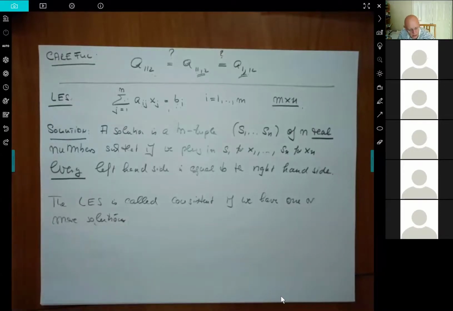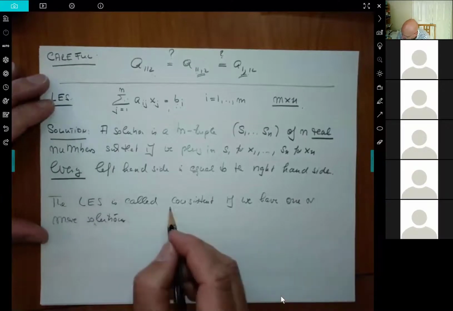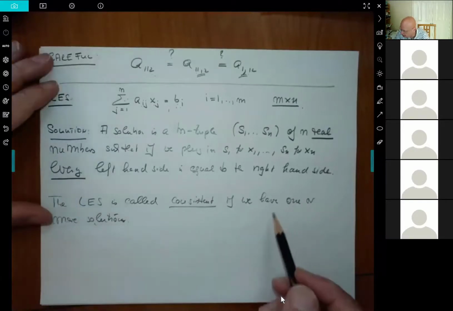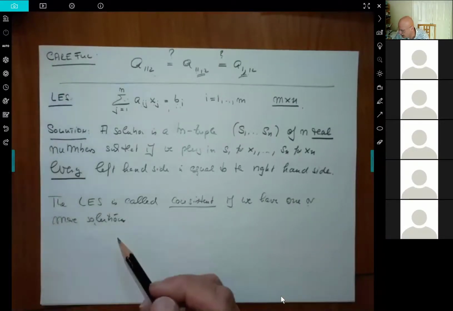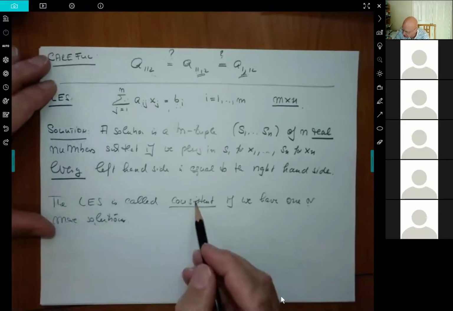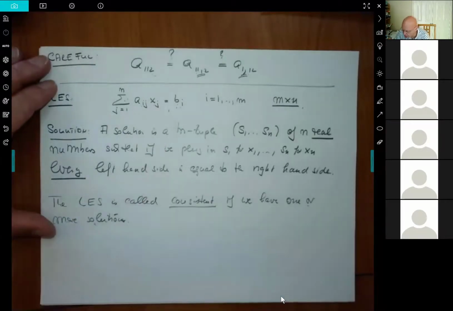So a consistent linear equation system means just you have a linear equation system where you know that for sure you can find one solution. Sometimes there are more solutions, but you know there's at least one. So instead of one or more, usually I say at least one solution. So consistency means there's at least one solution.